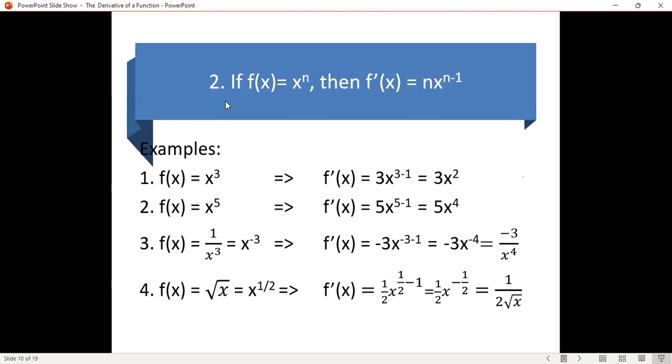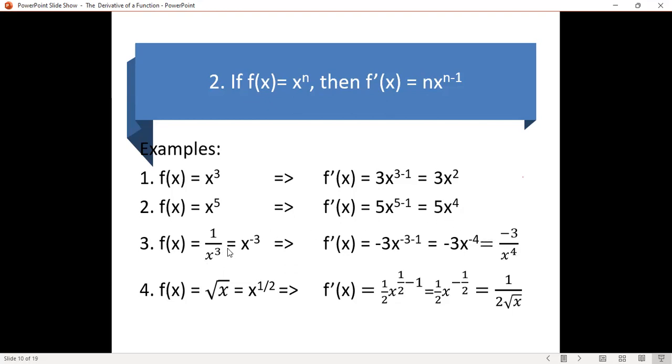So as you can see, guys, if the exponent is positive, when you take the derivative, the new exponent of x will decrease. Like from x cubed, it will become x squared. But if it's negative, if it's in the denominator, then instead of decreasing, it will actually increase by 1. So that your x cubed becomes x to the fourth.